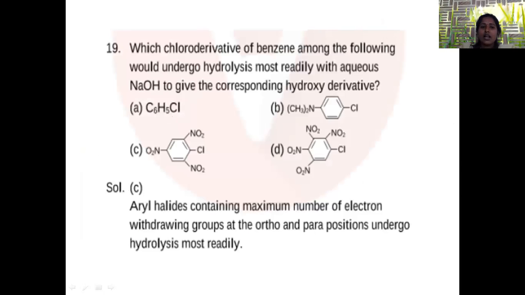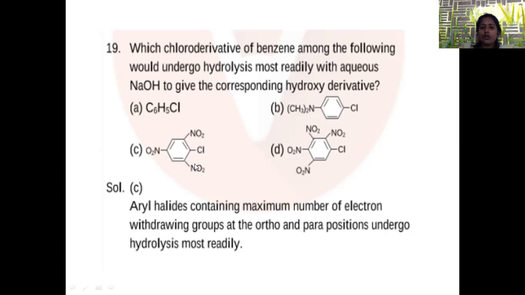The next question: which chlorobenzene derivative is involved in the following hydrolysis most readily with aqueous sodium hydroxide to give the corresponding hydroxy derivative? This reaction is a simple example of a nucleophilic substitution reaction.